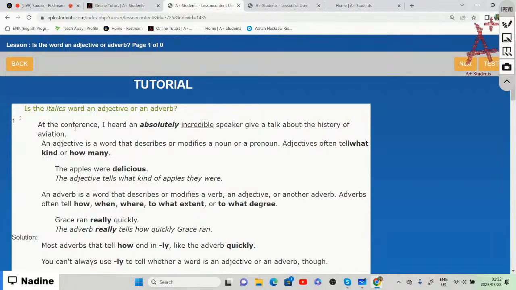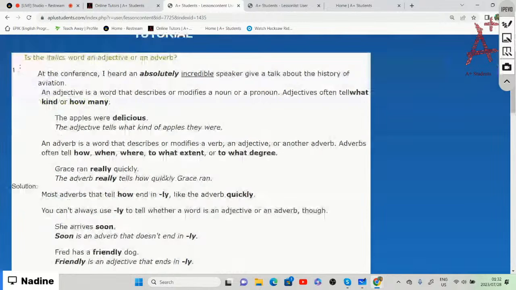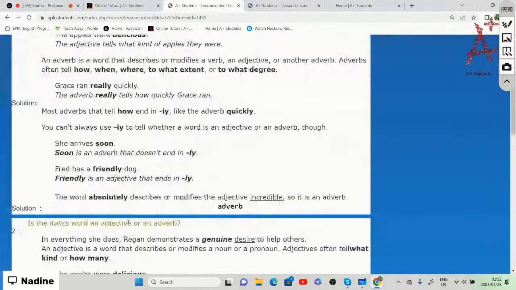Absolutely describes or modifies the adjective, which is incredible, right? So if it is modifying or describing an adjective, then it is an adverb. And an adverb describes or modifies either an adjective, or another adverb, or a verb, right? And these are adverbs.